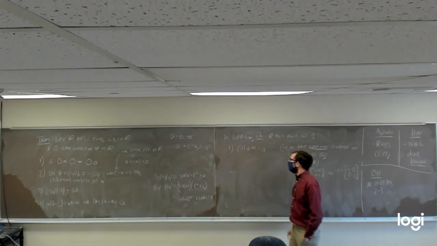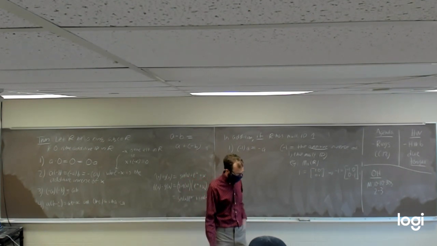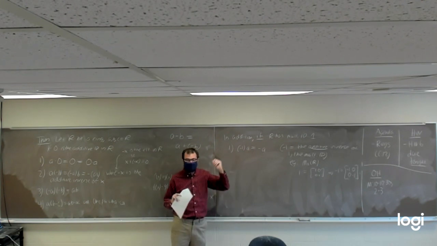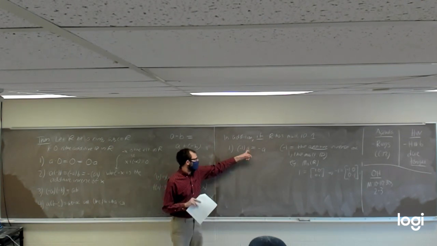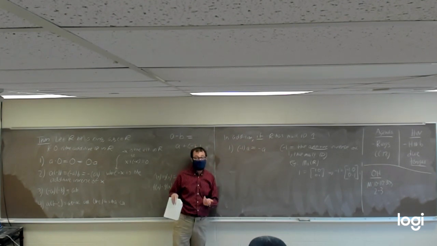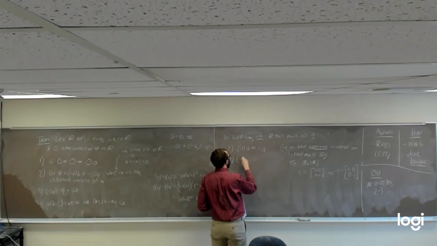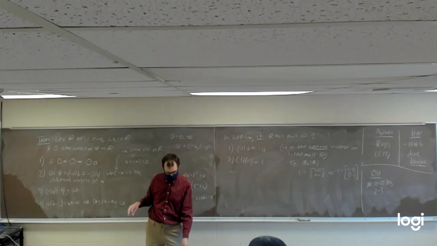So if we were to take -1 times any element A, we're always just going to get back the additive inverse of A. The additive inverse of the multiplicative identity times any element A is always the additive inverse of A. That's a fancy way to say -1 times A is -A, but that's what that equation really means. Secondly, if you were to take -1 times -1, you're going to get back +1.